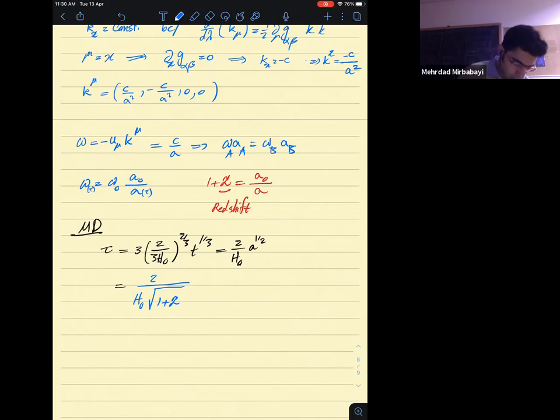So this is an explicit illustration of why z can be thought of as a time variable. As tau grows, z becomes smaller. As tau becomes smaller, z becomes bigger. So we can trade time with z, with redshift. Okay, any questions so far?